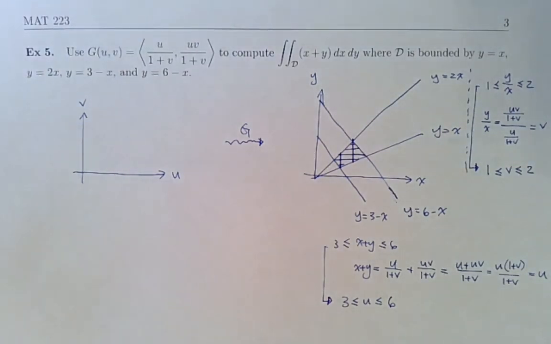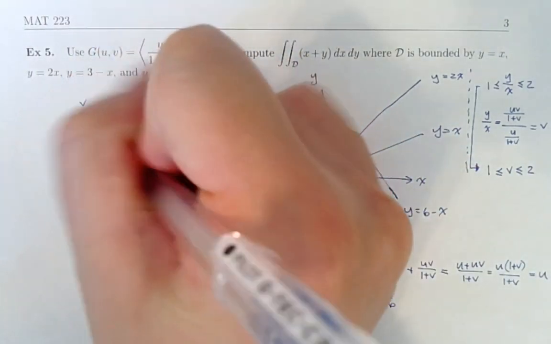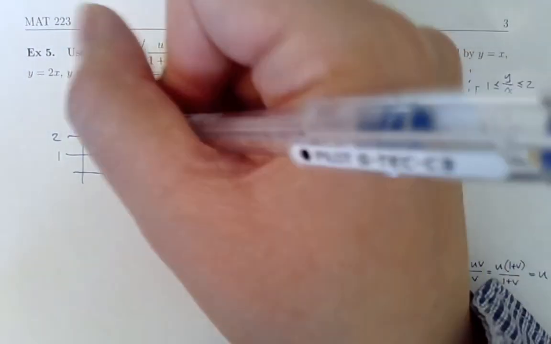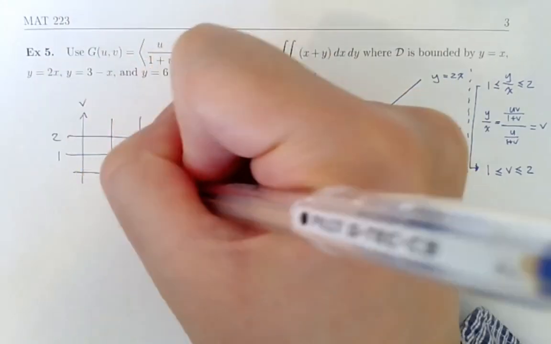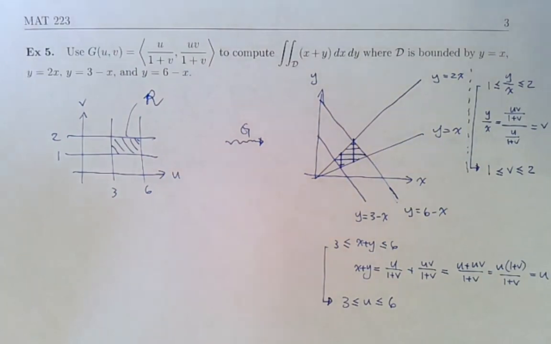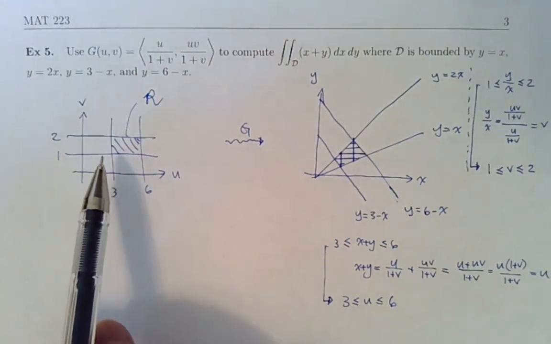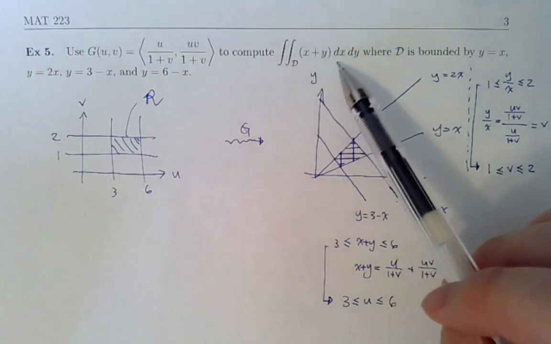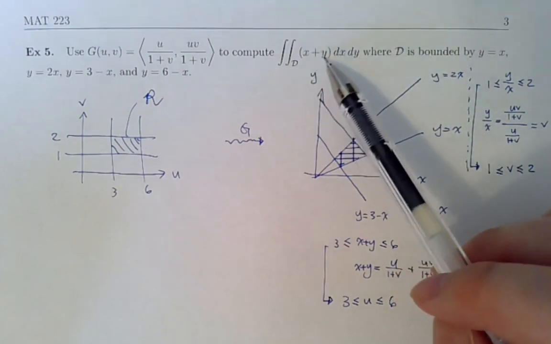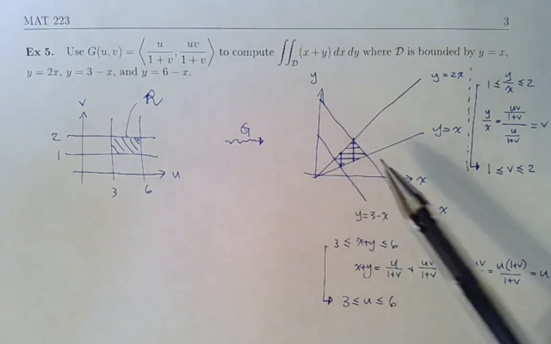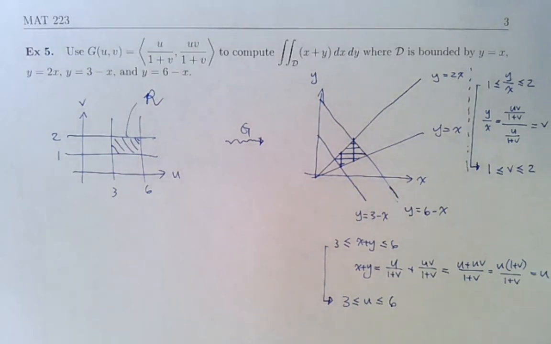So now I can come back and draw over here a very simple region, 1, 2, and then over here is 3 and 6, and that's the region, which I'll call R. So it turns out to be a nice rectangle. So this integral was not complicated because the integrand is complicated. Sometimes we'll see that, but it's complicated because the region is shaped weirdly. And if you think back to polar coordinates, that's often the case.